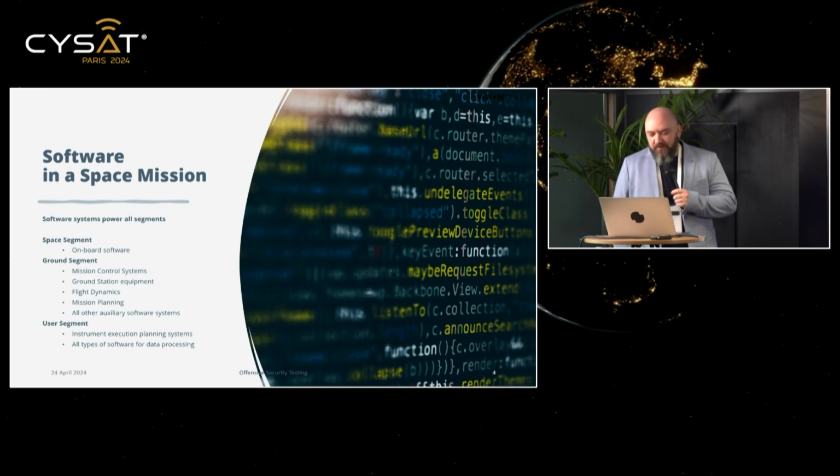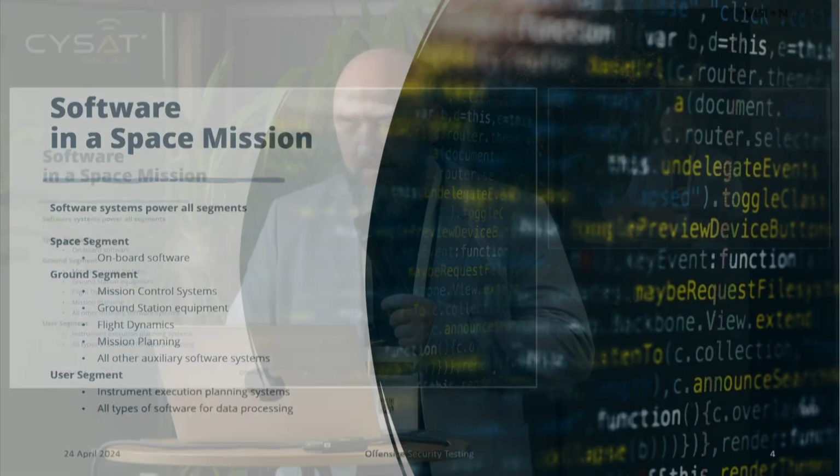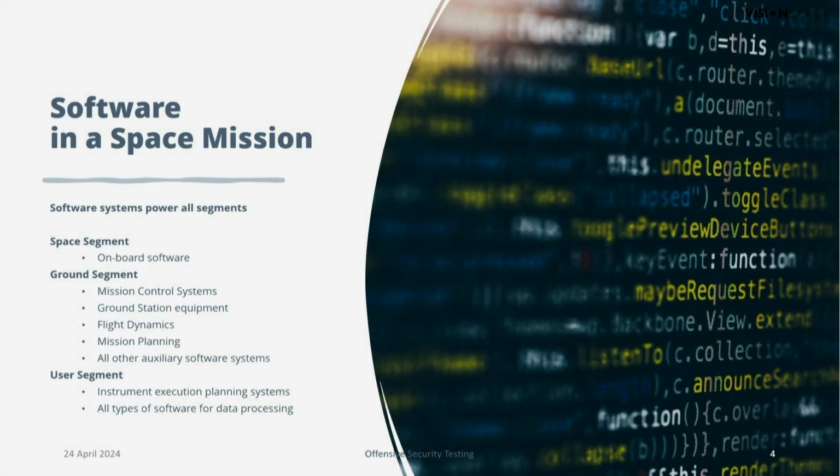Now, every space mission is heavily driven by critical software that spacecraft operators use to manage their space assets. It just happens that software is present in every single element of the space mission. On the space segment, we obviously have onboard software.